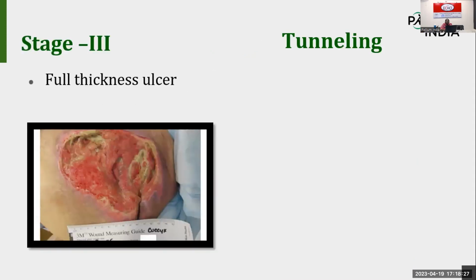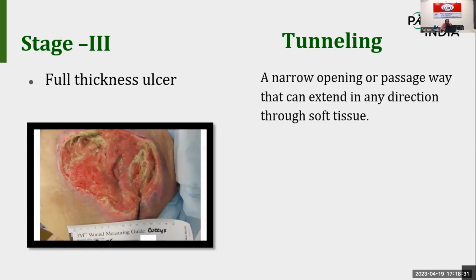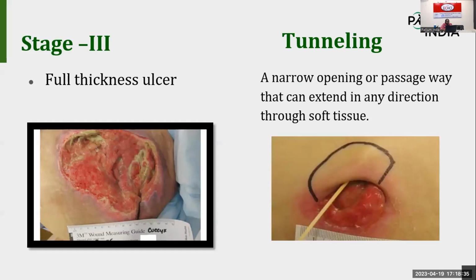The third stage is full thickness ulcer. All the subcutaneous tissues will be affected. Sometimes tunneling will be there. So what is tunneling? A narrow opening or passageway that can extend in any direction through the soft tissue. This is very, very important.